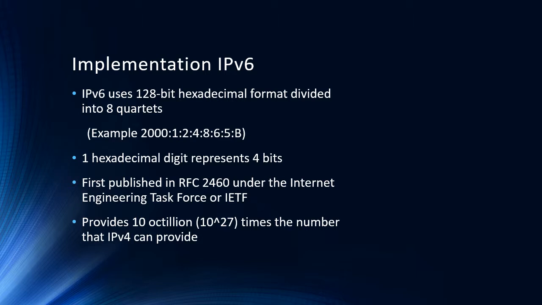Enter IP version 6. This addressing scheme allows a massive amount of potential unique addresses. Unlike its predecessor, IP version 6 uses a 128-bit hexadecimal format that is divided into 8 quartets. Each placeholder can be numbered from 0 to 9 and A to F. One hexadecimal digit represents 4 bits, and the numbers 0 through 9 still mean the same. 5 is a 5, a 7 is a 7.